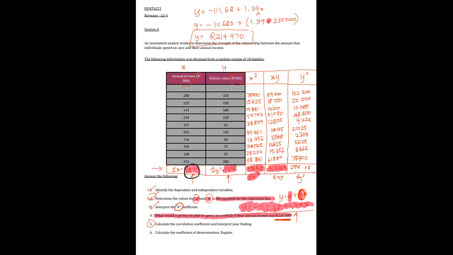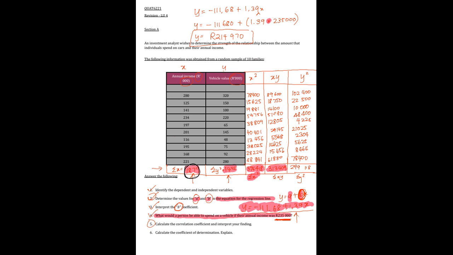So remember, that is what they were asking you. If the income is 235,000, how much can you spend on a vehicle, basically? So here you're saying that if the income is 235,000, then you can spend 214,970 on a vehicle. All right, so that is question 4.